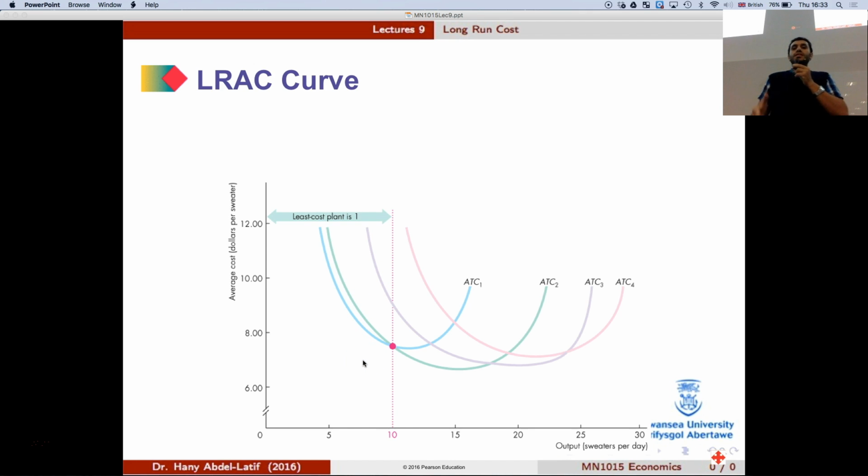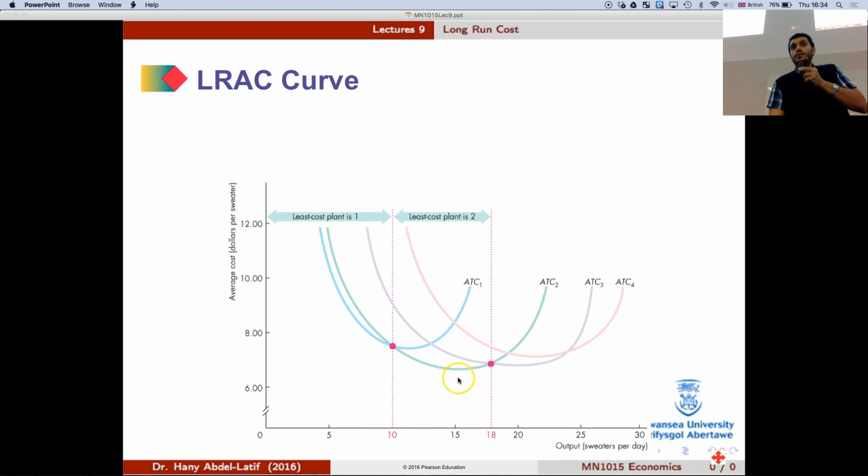From 0 to 10, which one will give us the least cost? Exactly. That's plant 1. You see that? Compared to the others, this is the least cost. For the range from 10 to 18, you'll see plant 2, which is this green, from this point to this point, you see this is the least cost.